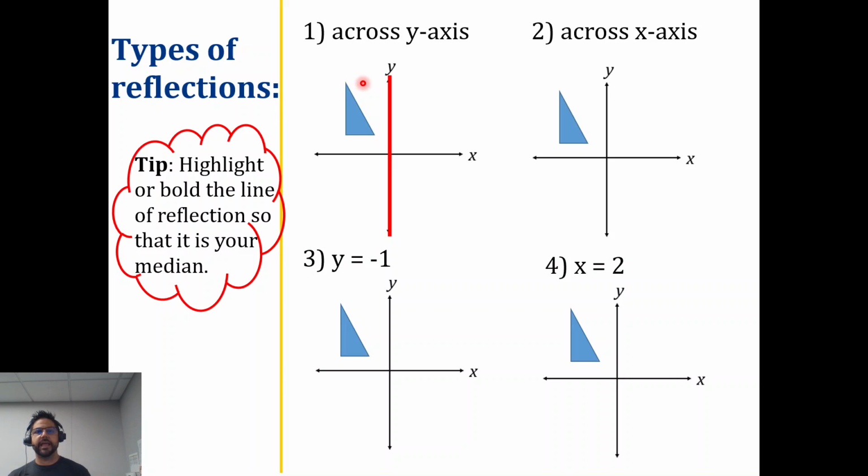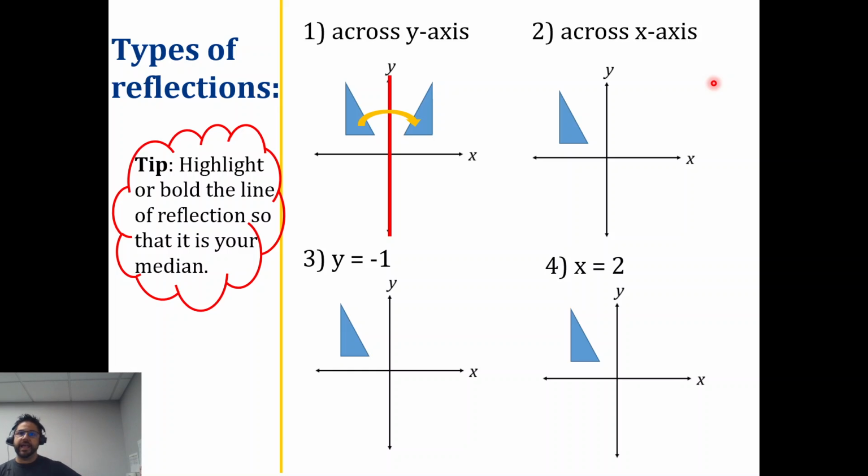You're going to count to the highlighter, count new point; count to the highlighter, count new point; and then the third and final one, count to the highlighter, count new point. Remember, when we have the actual letters there and we need to make our new point, we need to use our prime symbols. We'll see that on the actual homework problems in just a few minutes. But if you mirror it, it would be on the other side. Again, it is the reflection. You're going to notice that it was originally in quadrant 2, now it is in quadrant 1.